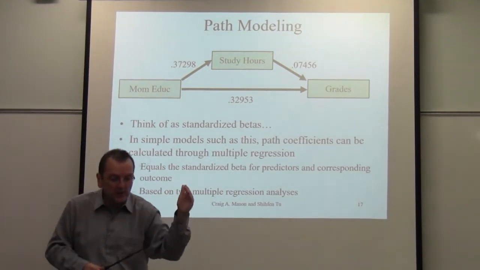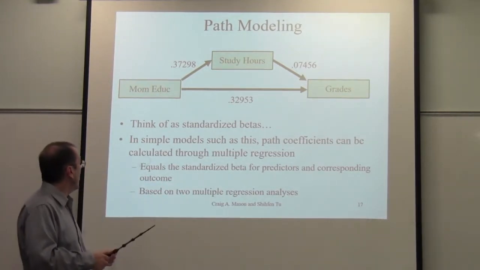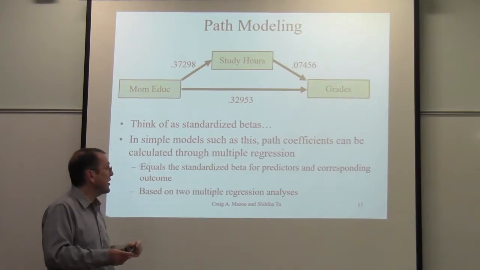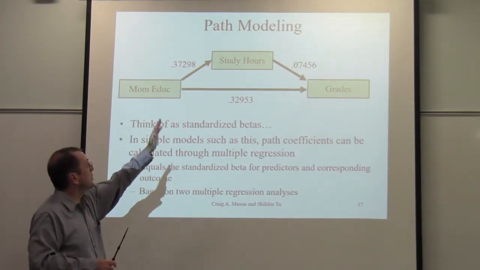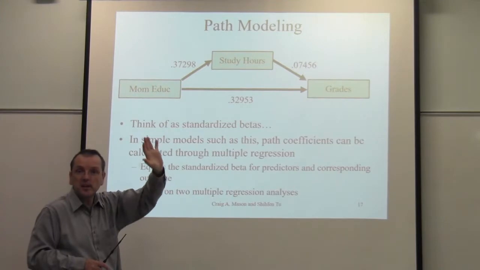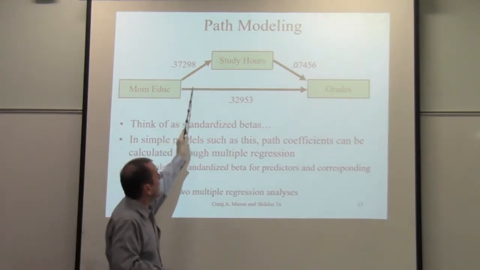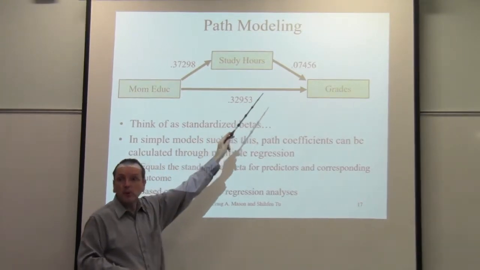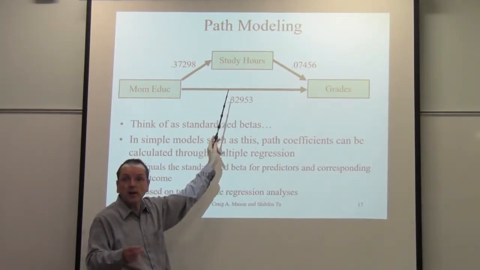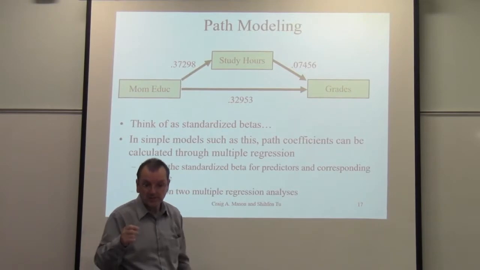You can do it through a series of multiple regressions, where we're looking at the standardized betas for each predictor predicting subsequent outcomes. In this case, it's based on 2 multiple regressions. You could calculate these values directly from 2 multiple regressions.